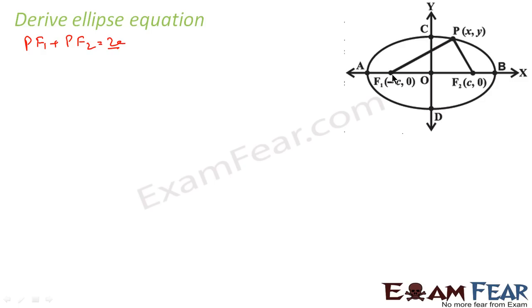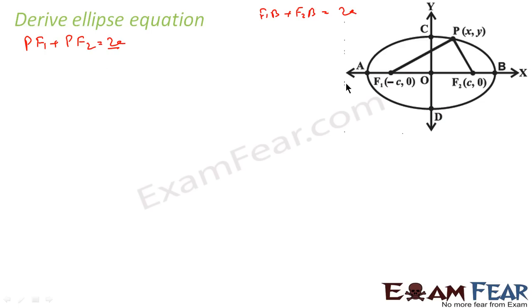So we found that F1B plus F2B came out to be 2a, because this is c, this is c, this is a, this is a minus c. So we found that the total value came out to be 2a. So we can say that PF1 plus PF2 is equal to 2a.